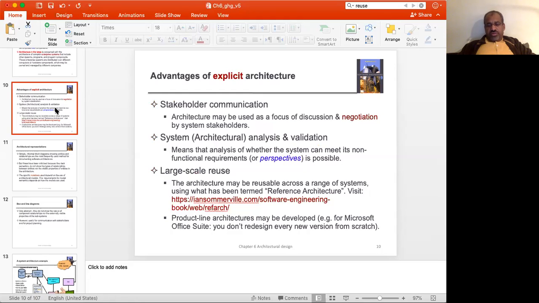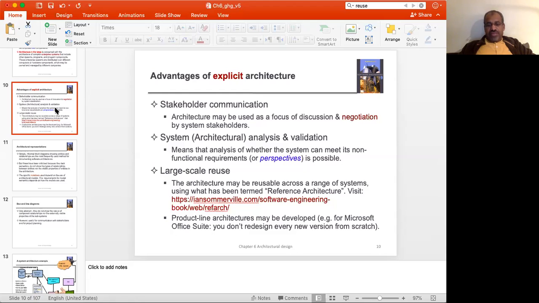Another advantage of representing architecture explicitly, as opposed to having it implicit in your head and not telling anybody about it, is that you're making it inspectable and understandable. It gives you the means by which you can analyze your designs to see whether your system would deliver the functions you desire. One very important aspect of this analysis is about the non-functional properties or the quality properties, which we will later call perspectives as well.